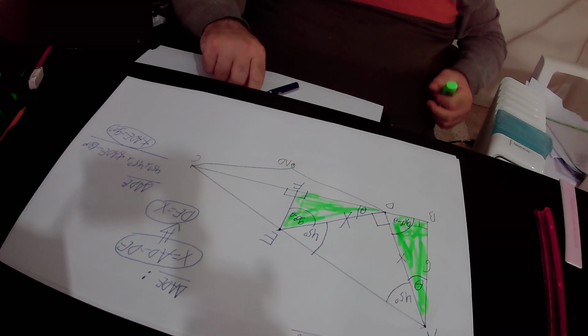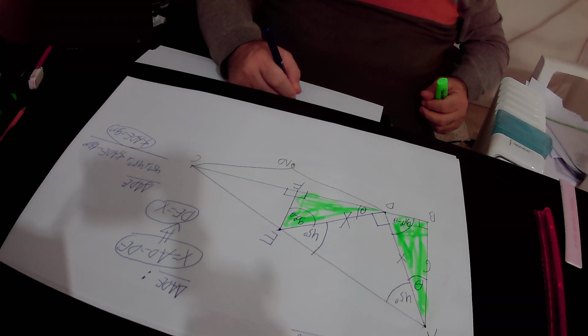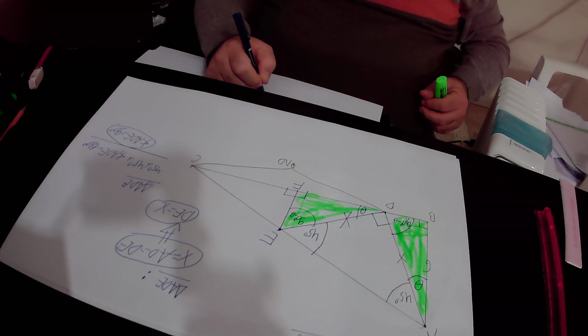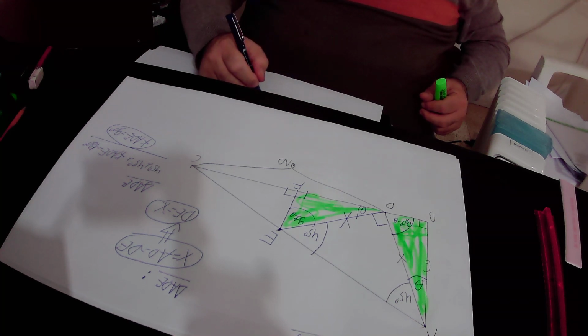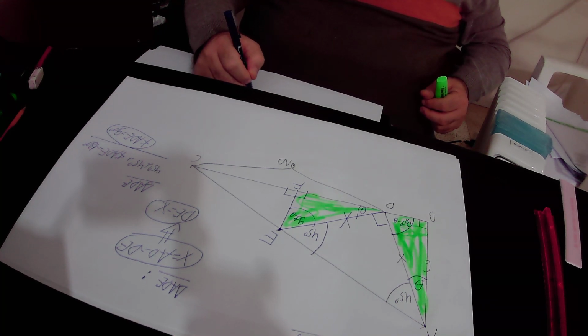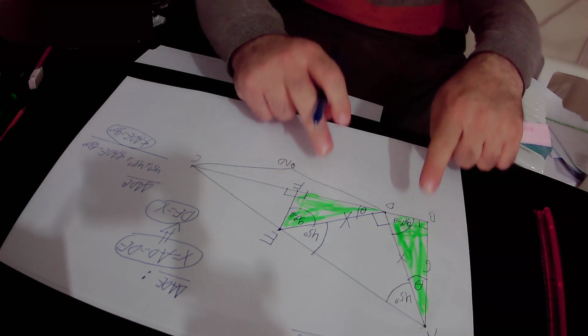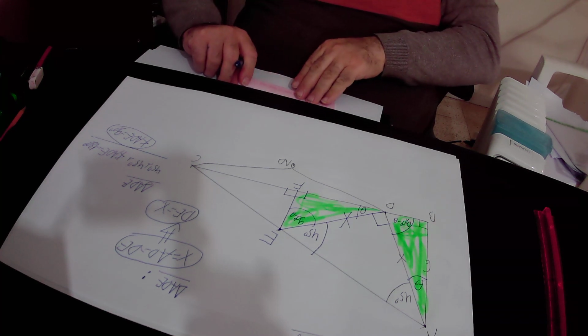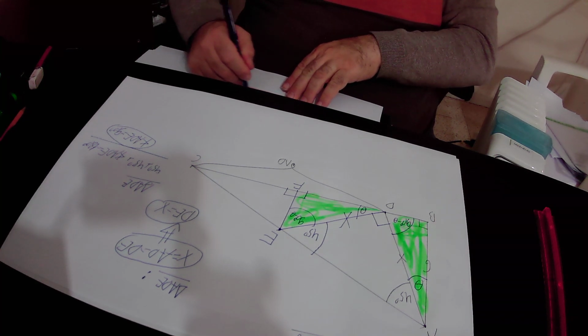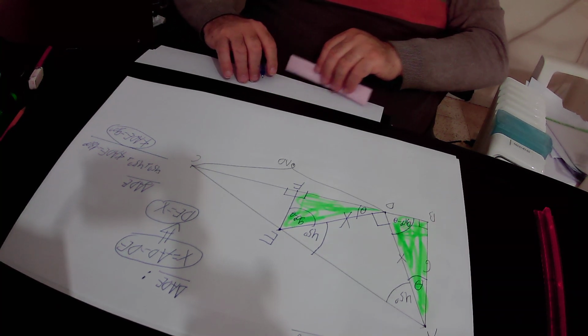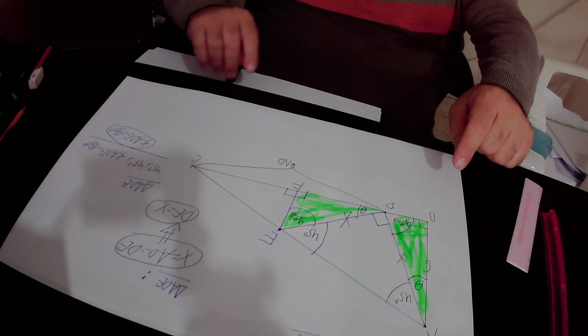Write it down: triangle ABD and triangle DEF. We prove that those two right triangles are congruent to each other. Why are they congruent?